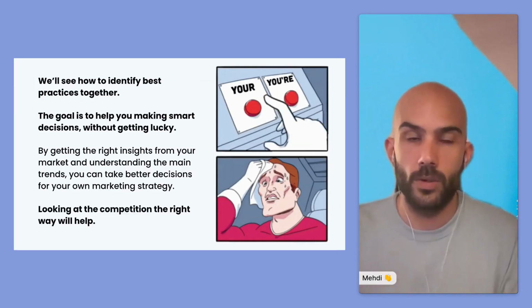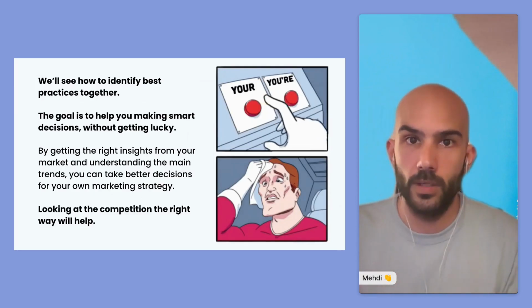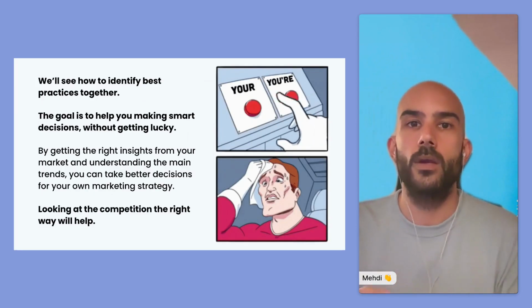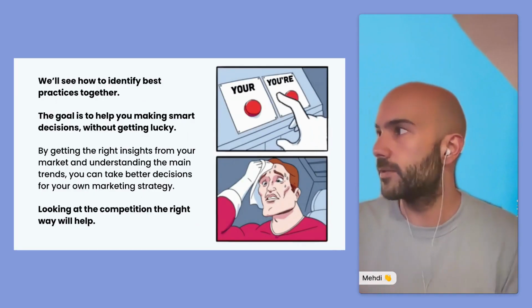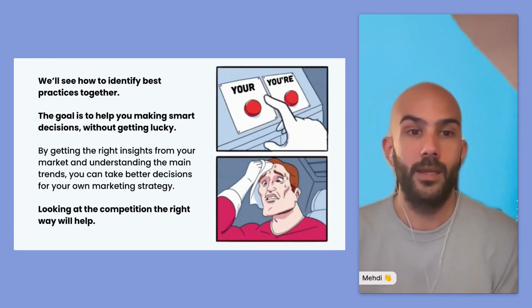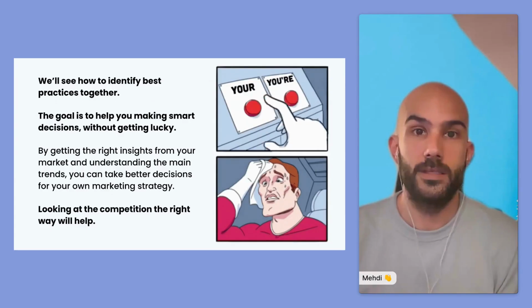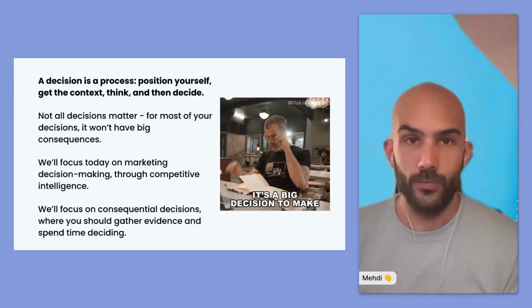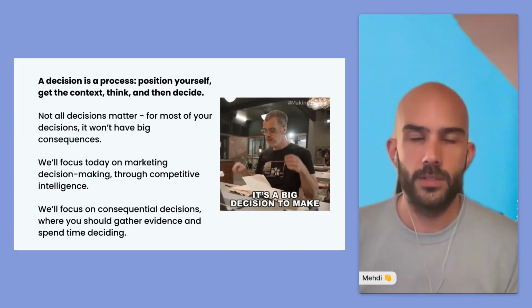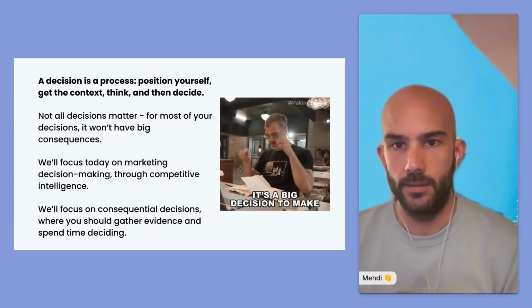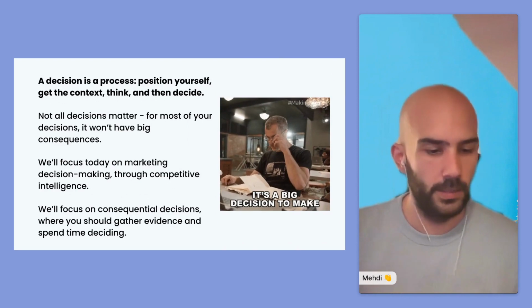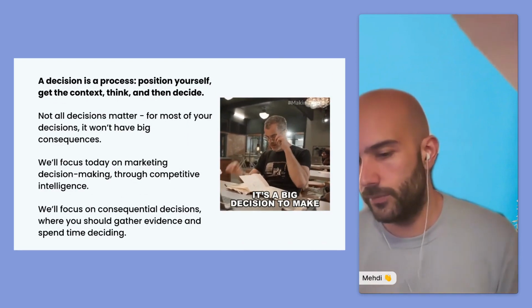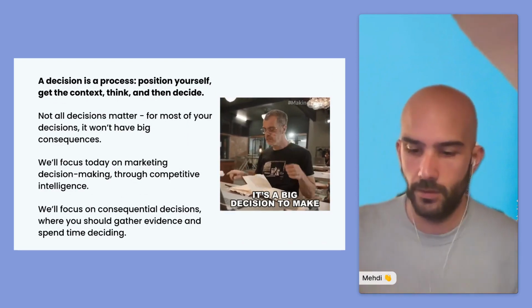Looking at what your competitors are doing right now, what they've done, what they're likely to do, this is going to reduce the amount of uncertainty and help you take better decisions for your marketing strategy. We'll focus today on the most important decision. We're not here today to just decide if the button should be blue or yellow, if this hook is better than another one.